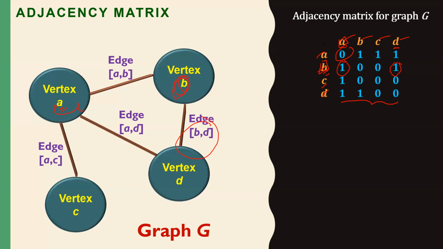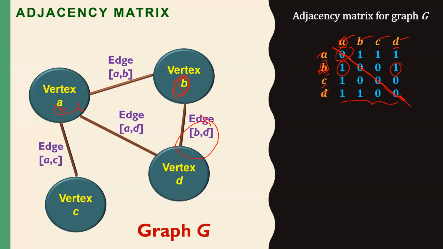The consequence of the bidirectionality of the edges in a simple graph is that the adjacency matrix will be symmetric. So that means if you fold it along its diagonal, by the way, the diagonals are always zeros because we don't allow vertices to be connected to themselves, right? If you flip the matrix along the main diagonal, they will coincide.